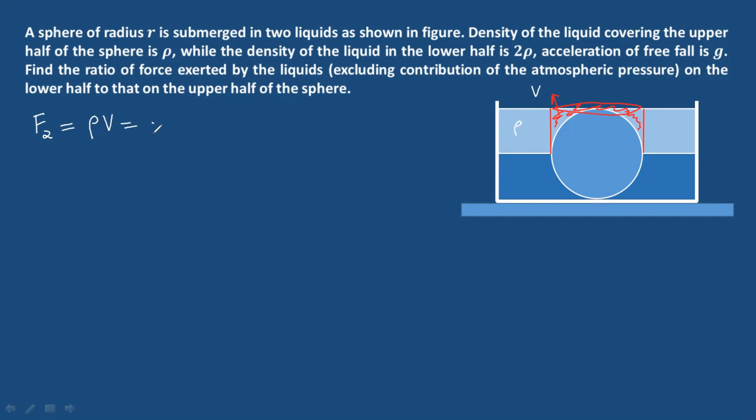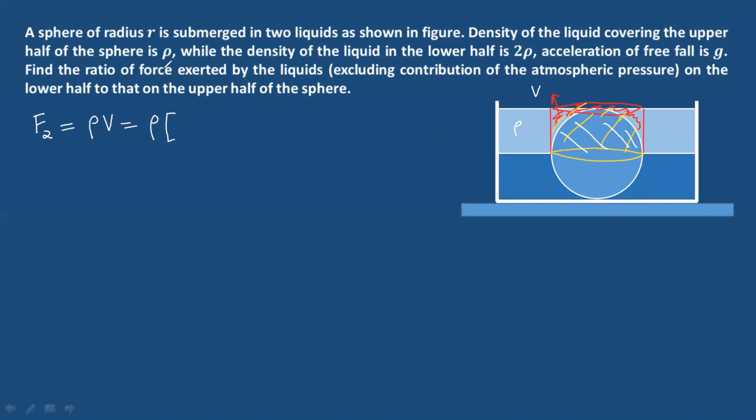So rho into what would be the volume? It is the volume of the cylinder. If you can think about it, just see here, there is a total cylinder here, that cylinder minus the volume of this hemisphere.